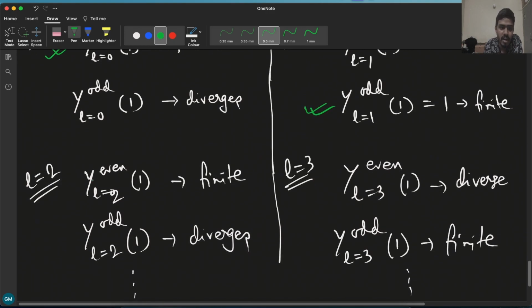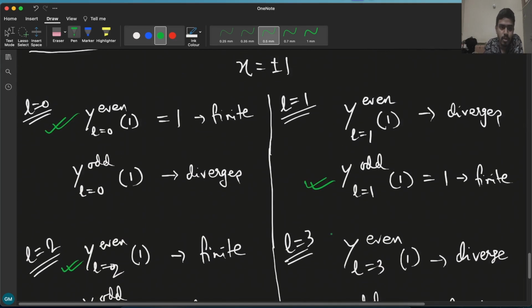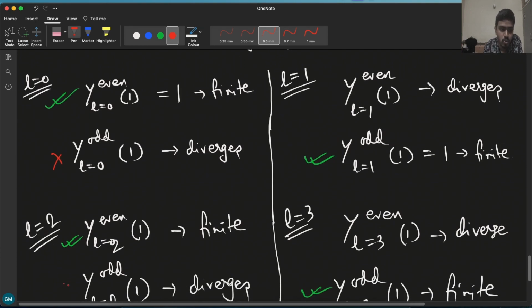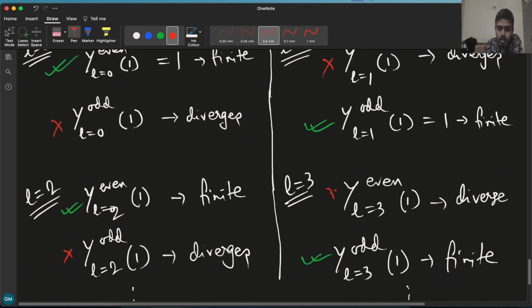For L equals 2 we are interested only in this even series. For L equals 3 we are interested only in this odd series. Okay, so we will not consider this odd series for L equals 0 and 2 and so on, and similarly for L equals 1 and 3 we will not consider this even series.